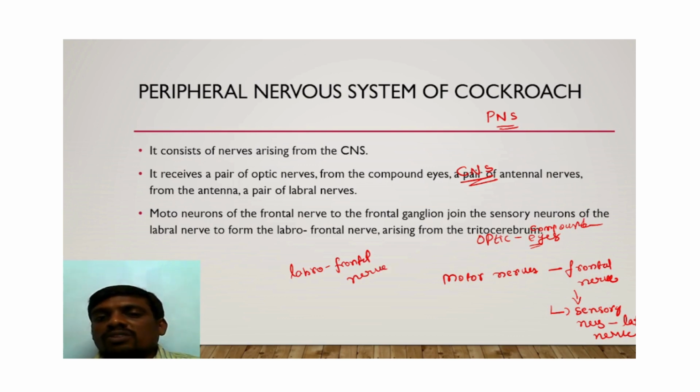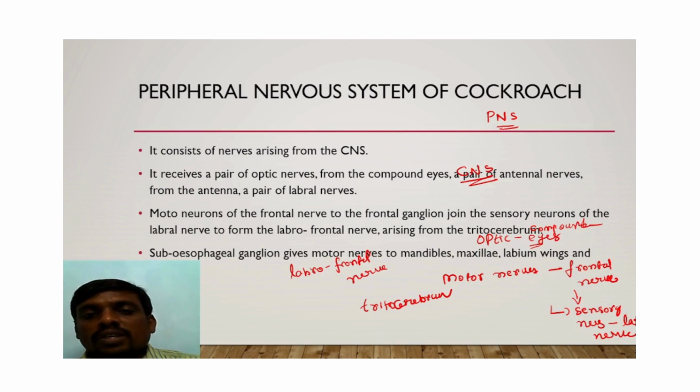The labrofrontal nerve is a mixed nerve arising from the tritocerebrum. I told you in the previous video that the brain of the cockroach is divided into protocerebrum, deuterocerebrum and tritocerebrum.